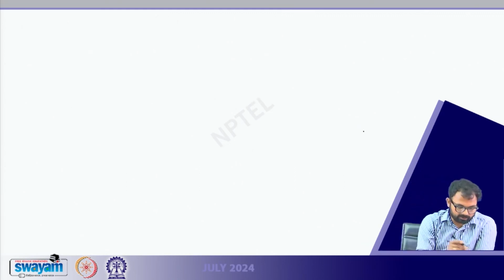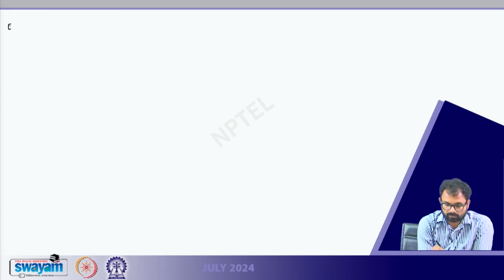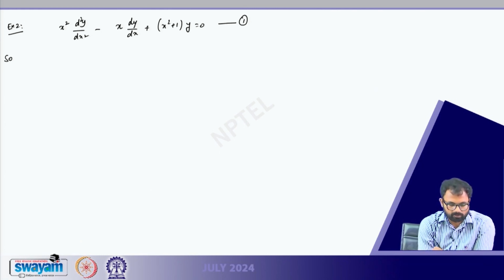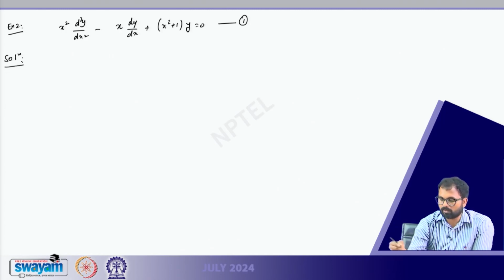So, let us consider this example, example 2. Solve x square d square y by dx square minus x dy dx plus x square plus 1 into y equals to 0. This is equation number 1. So, the solution goes like this. Solve this near its singularity, near the singularity x equals to 0.